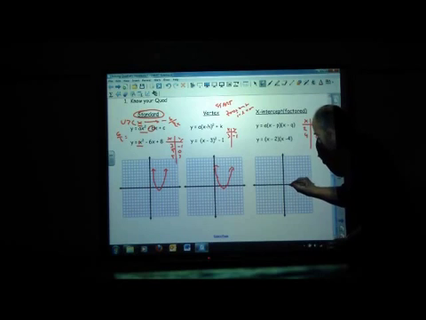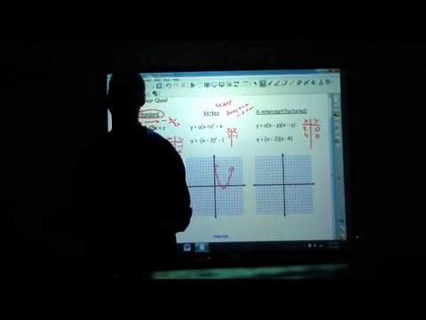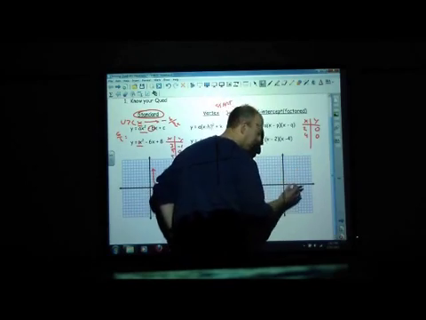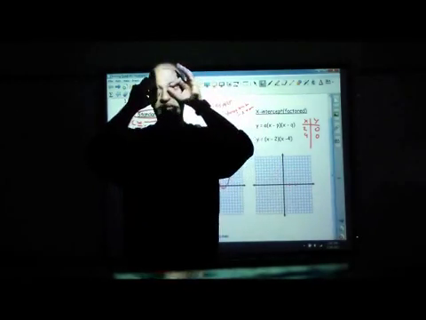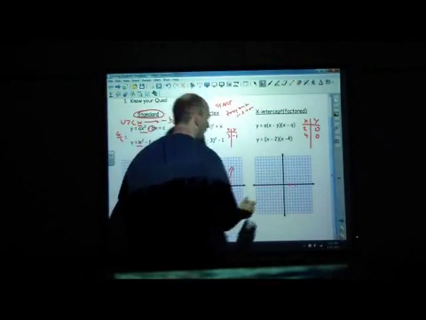Now this is why it's called x-intercept form, because it can tell you right away where the parabola is hitting the x-axis. Now what's great about that, the vertex has to lie right on the axis of symmetry of a parabola. So to me, your x-intercepts are like your eyes, the vertex would be like your nose.